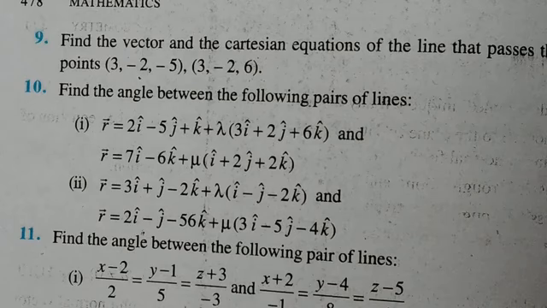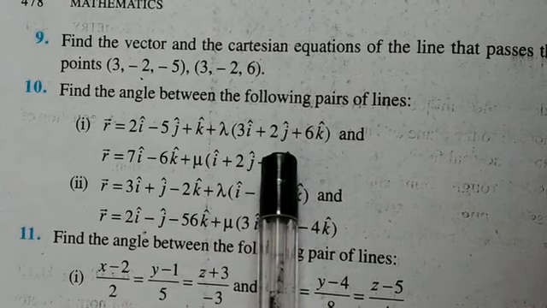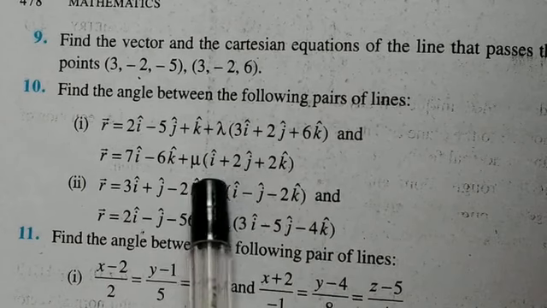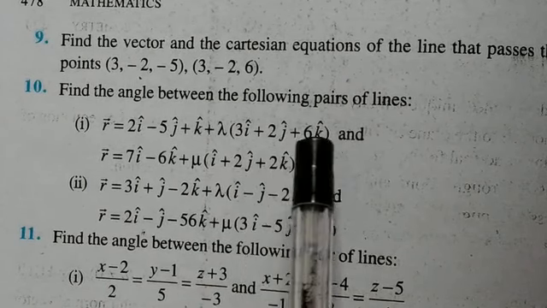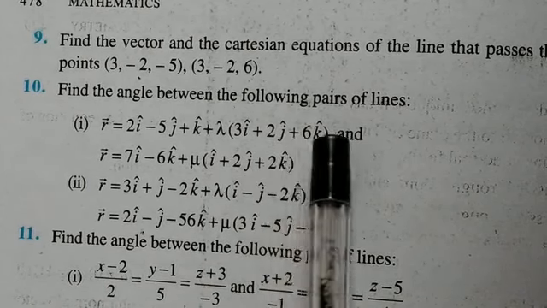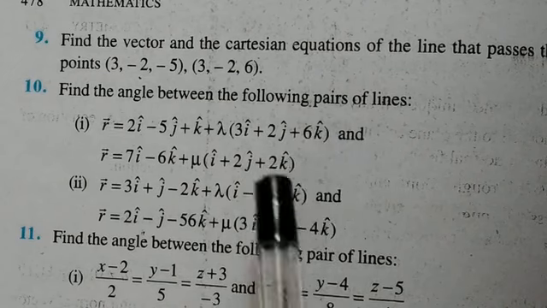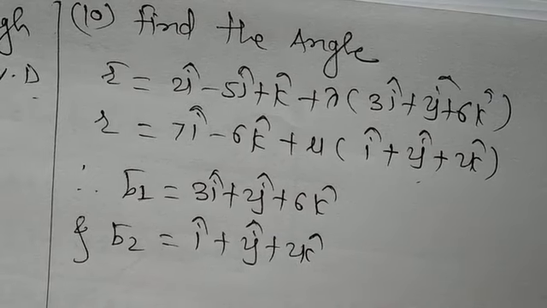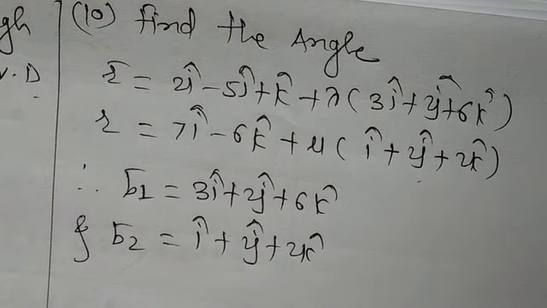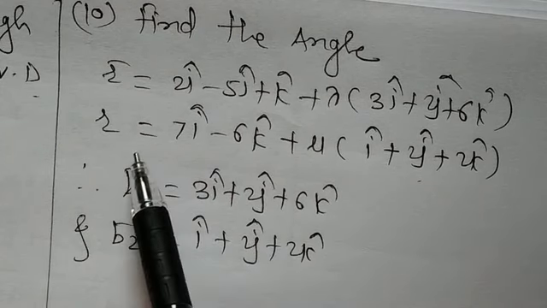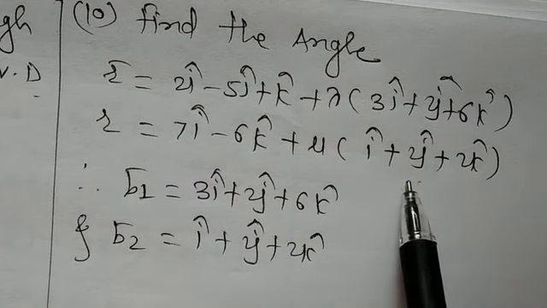As we know, when we find the angle between two lines, that means the angle between the two parallel vectors. The parallel vectors here are 3i plus 2j plus 6k and i plus 2j plus 2k, that is b1 and b2, and you must find the angle between these two vectors.